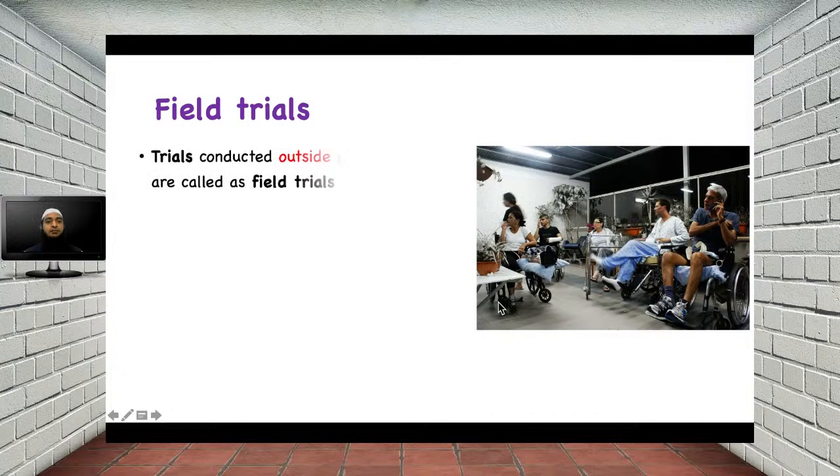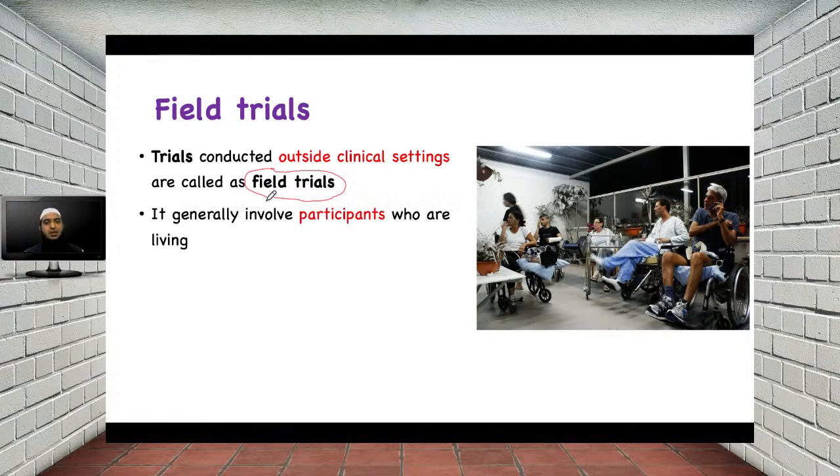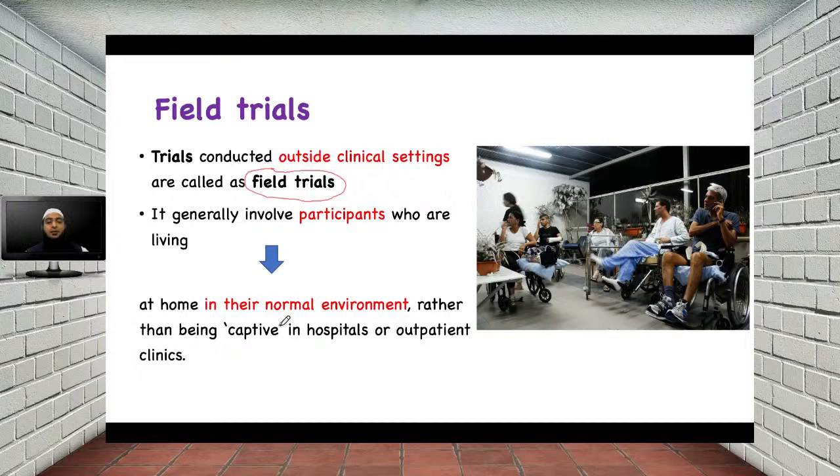So the first is the field trial. What are you doing in field trials? These are trials which are conducted outside the clinical setting. In a clinical trial, you are recruiting the patients who stay in your hospital, isn't it? Whereas here you are recruiting the patients, but you are giving medicine and asking them to go home. So the trials conducted outside the clinical setting are called field trials. They generally involve participants who are living at home in their normal environment.